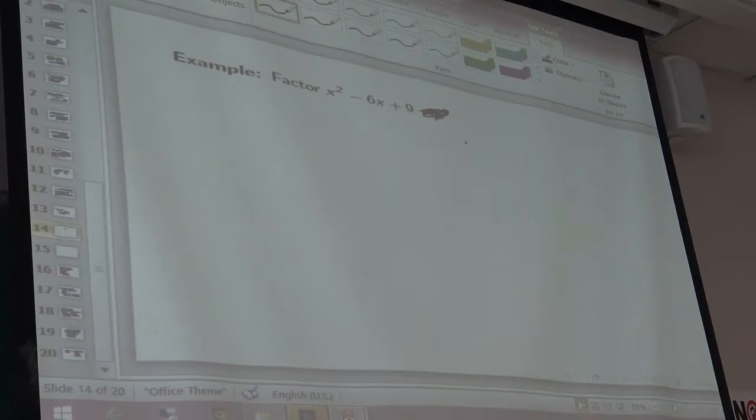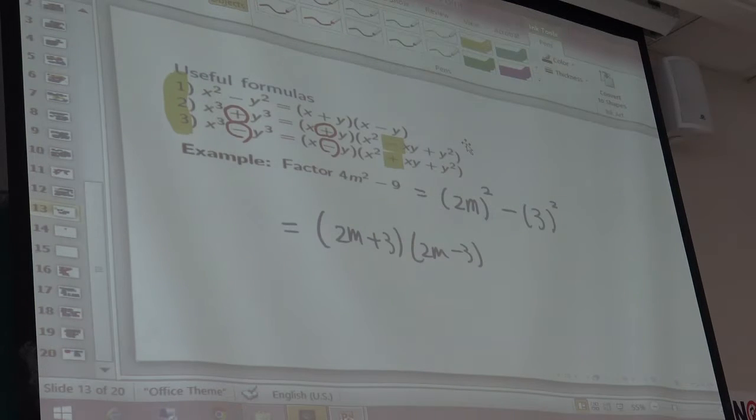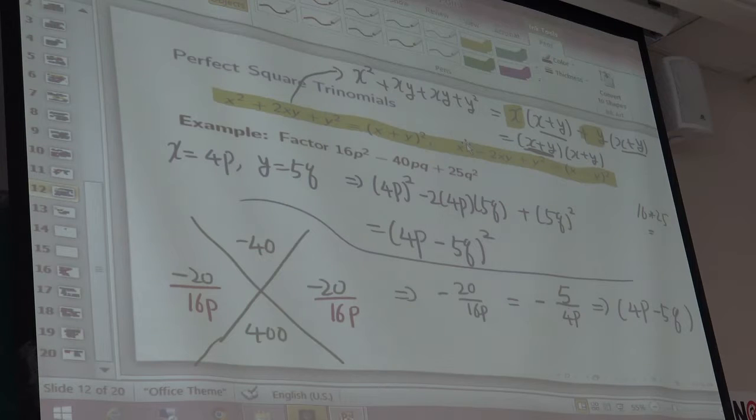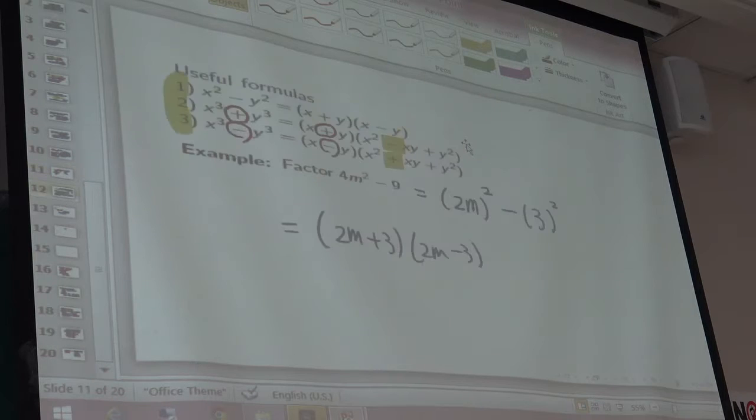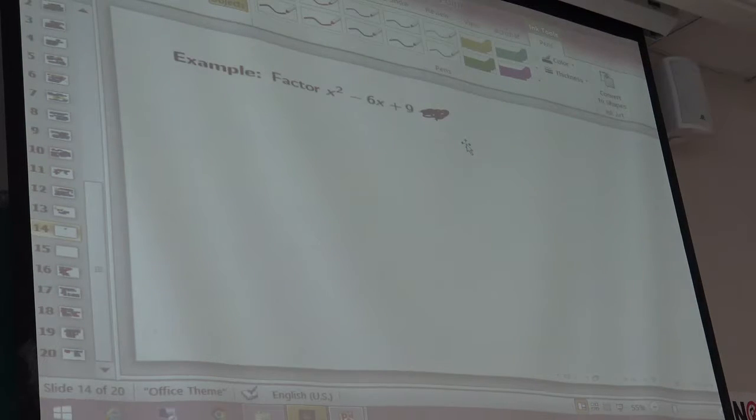We have three terms, right? For the three terms, either we can use the formula for a perfect square, or we can use this kind of method, or we can use either one or both. How about this? Three terms.